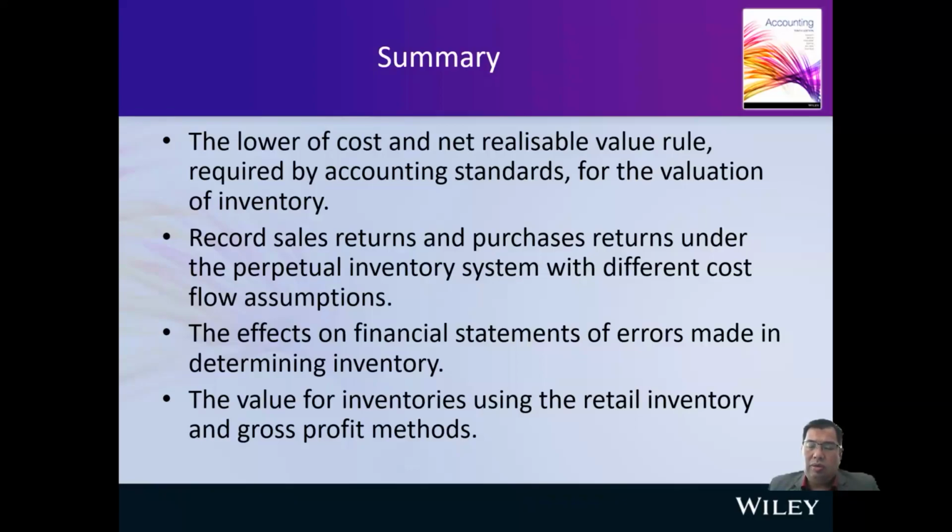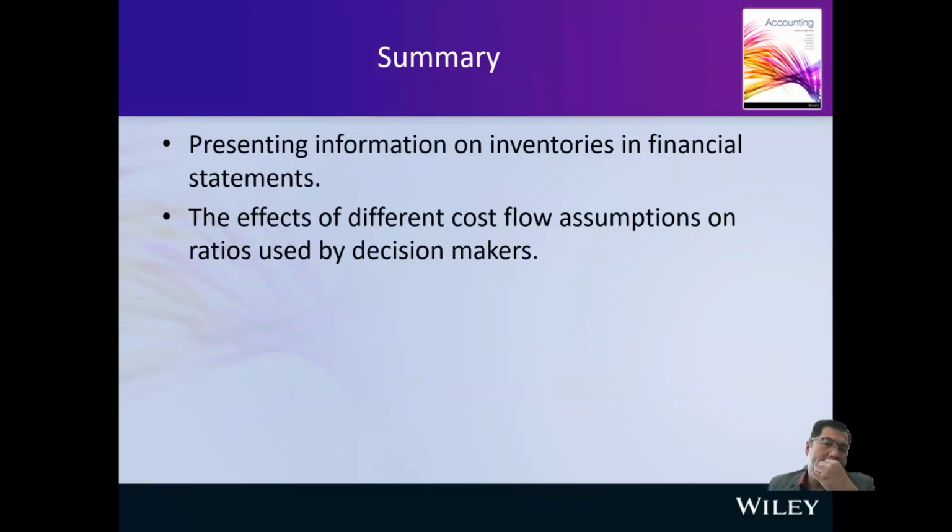Also how to account for sales return and purchase return, and how we should adjust the errors in determining inventories, as well as the value for inventories in retail inventories and gross profit. These are the things we have covered. And finally, it is important to disclose information on the three types of inventories in the financial statements, as well as the effect on profitability and inventory turnover.